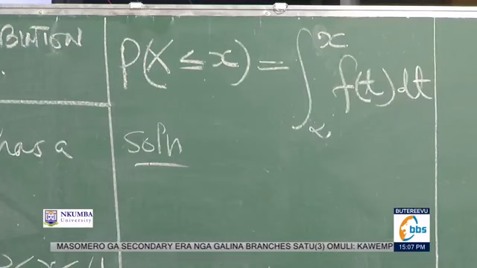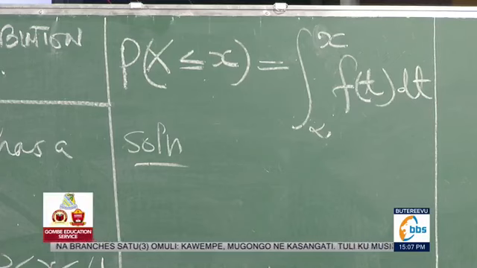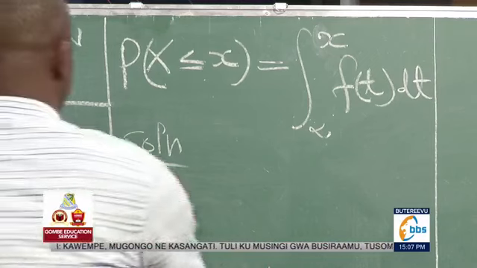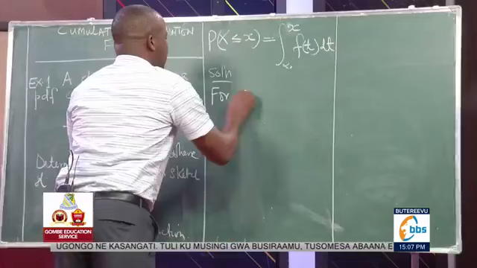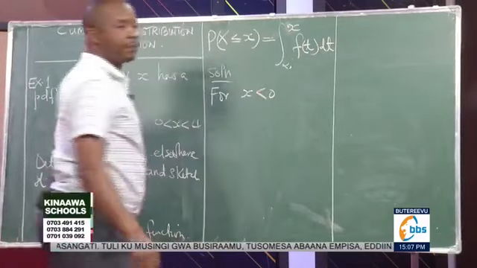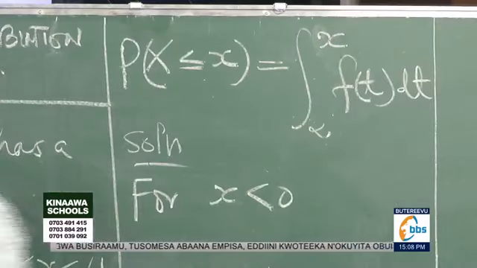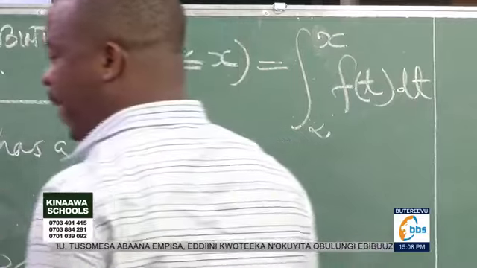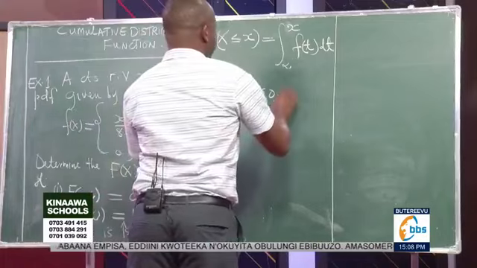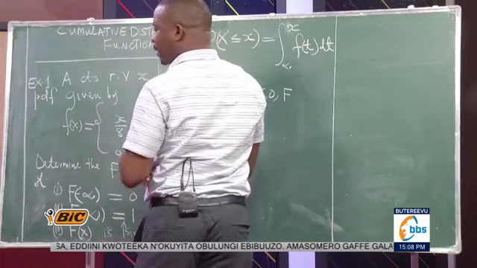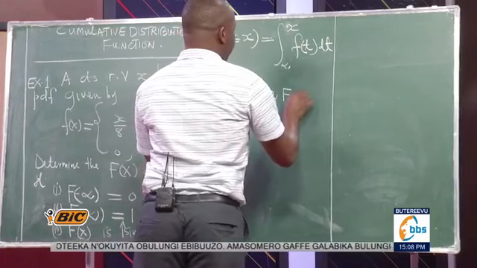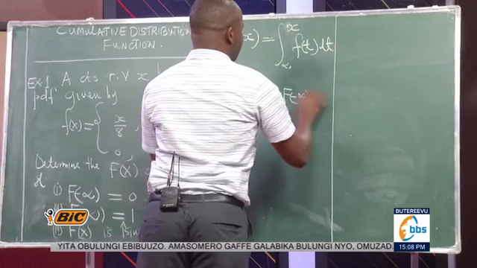So to find this cumulative function of a PDF, for this particular case, x out of 8, we shall consider that for x less than 0, that is referring to negative infinity, our F of x should be equal to 0.